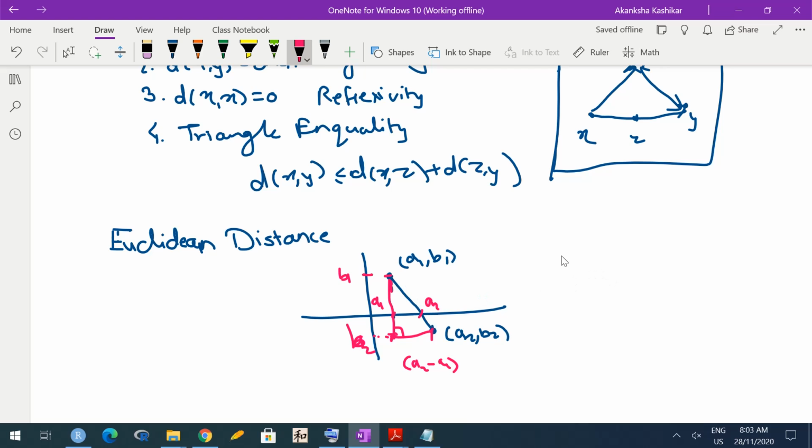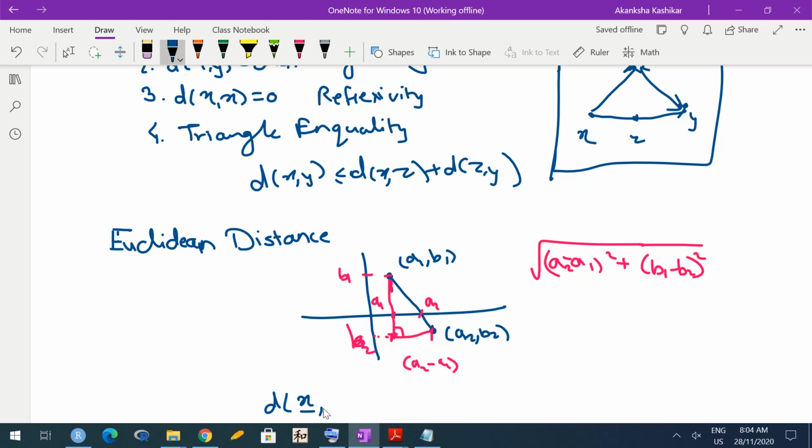Because I want the diagonal. So diagonal we know by Pythagoras, it will be a2 minus a1 whole square plus b2 minus b1, or b1 minus b2, doesn't matter, whole square, and then square root of that. Okay. So Euclidean distance between any two objects would be given in this way.